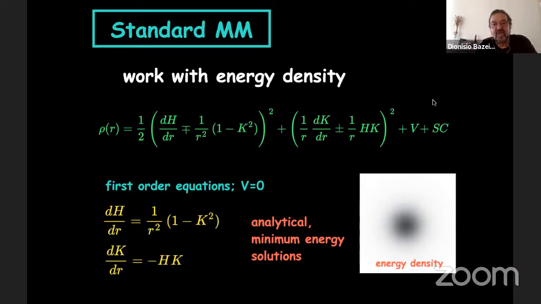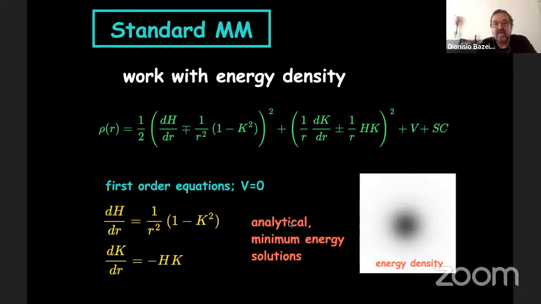But if I send the potential to 0, and I also force those two equations to be obeyed, which are written here, I get those two first-order differential equations. And I can solve them analytically.